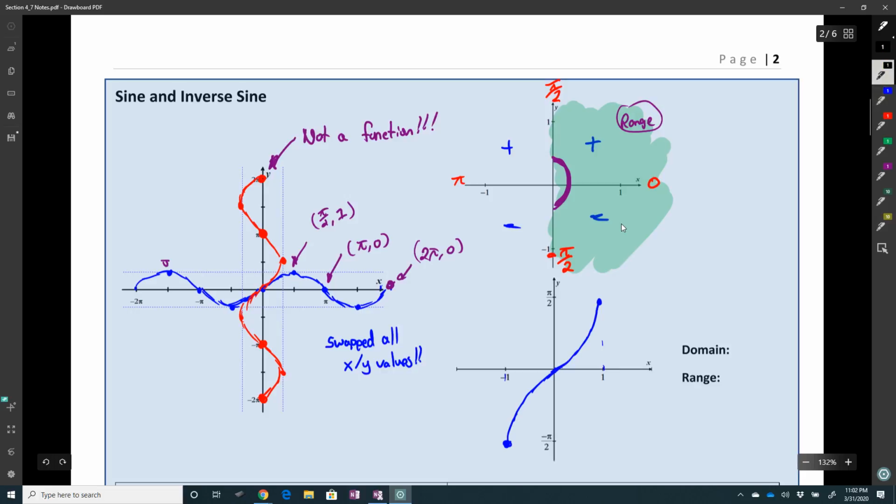The domain for the inverse of sine is -1 to 1. The range is negative pi over 2 to pi over 2. Okay. So again, these are the only x values that you can plug in, where these are the only y values.